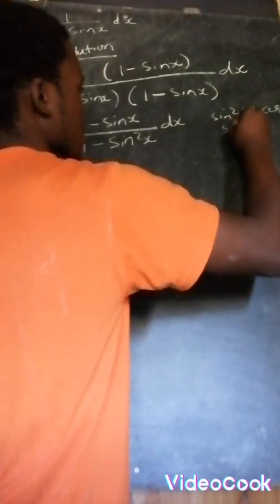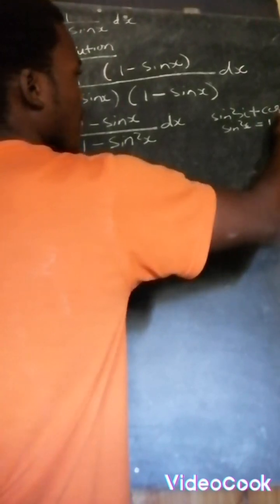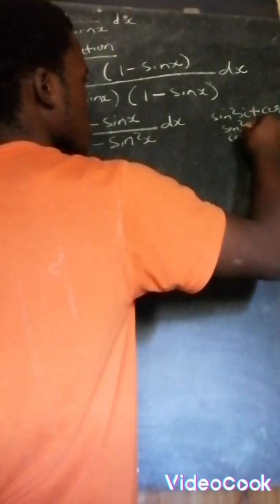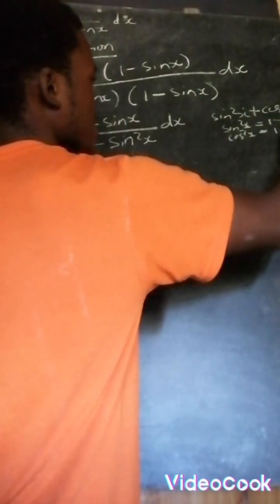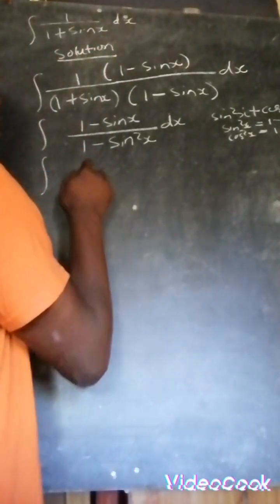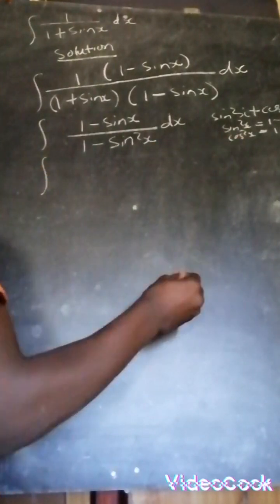So it means sine squared x equals 1 minus cos squared x, and cos squared x equals 1 minus sine squared x. So do you see that this is 1 minus sine squared x? What is it? It's cos squared x.